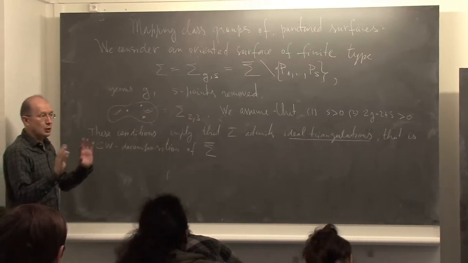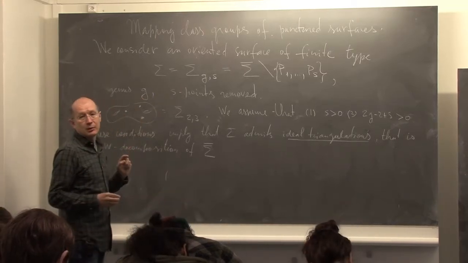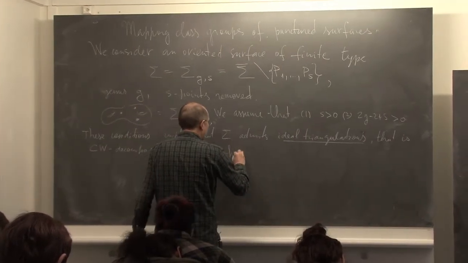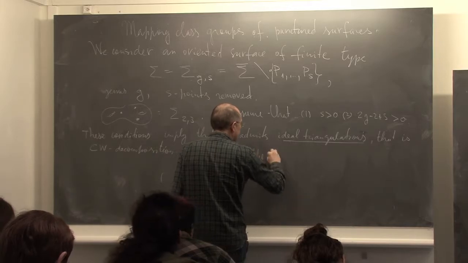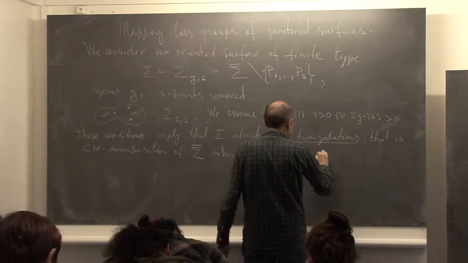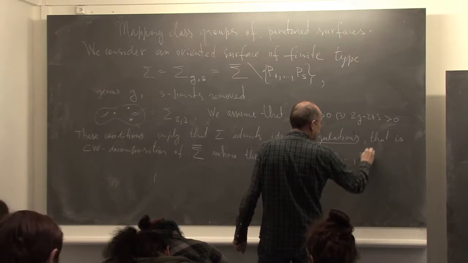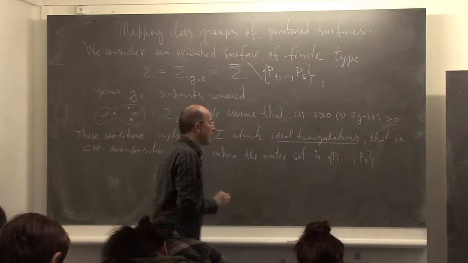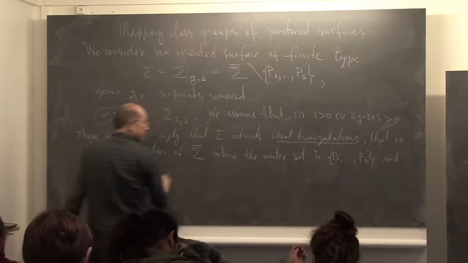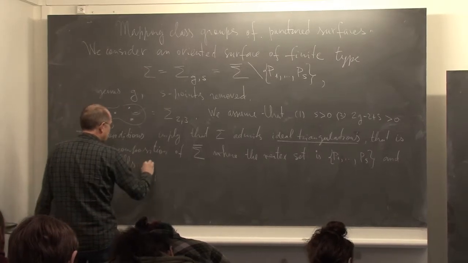So it is a closed oriented surface of genus g. But it is not an arbitrary CW decomposition, but a decomposition where the vertex set is given by the punctures, P1 to PS, and all two-cells are triangles.